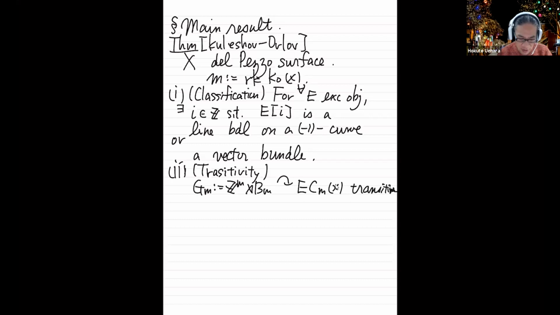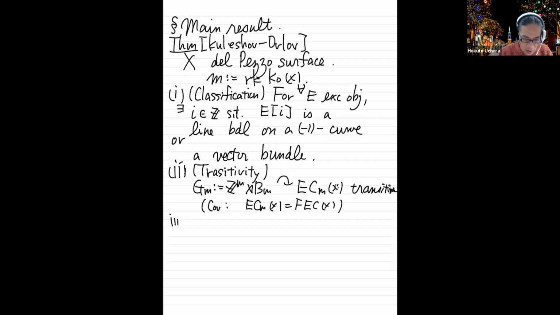Namely, in this case, the Bondal-Polishchuk conjecture is true. And as I said, as its corollary, the set of exceptional collections of length m, EC_m(X), coincides with FEC(X).